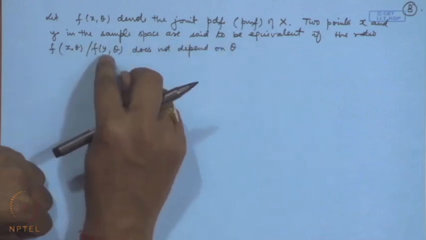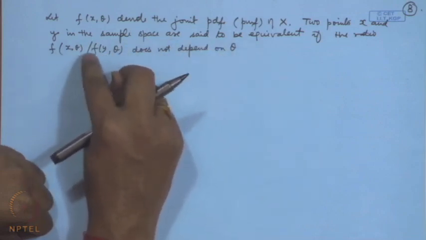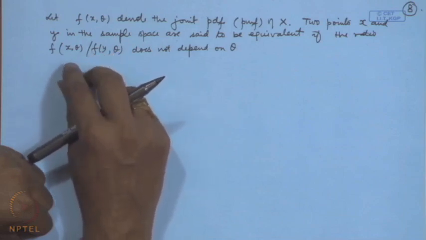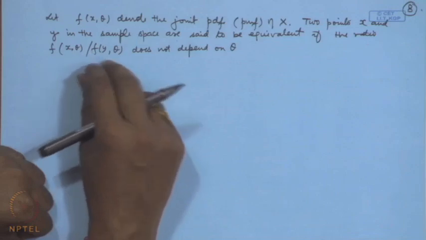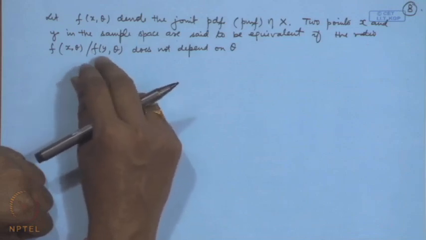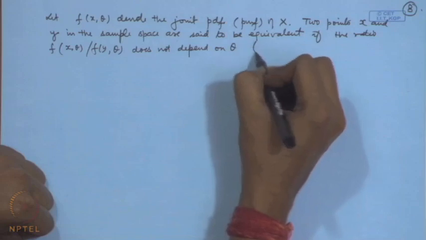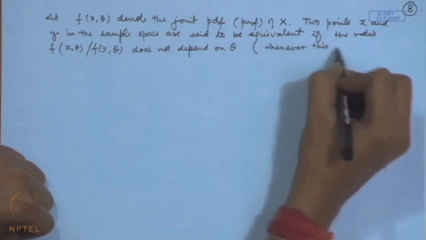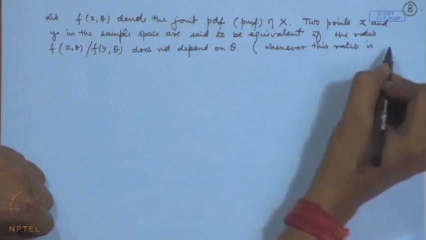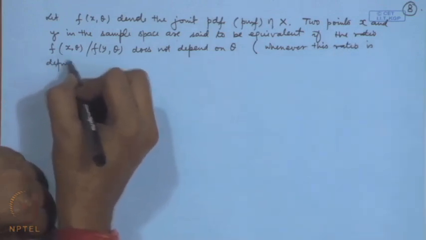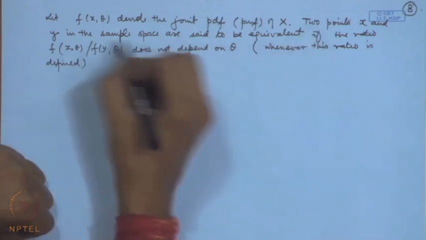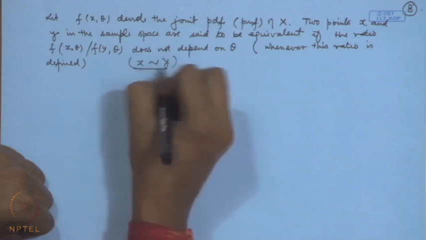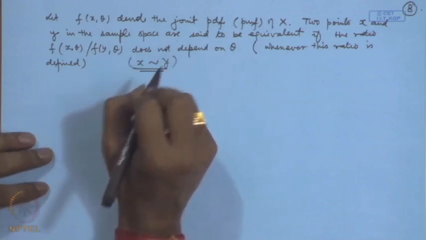Of course, when we write the ratio of the densities at two different points, there is a possibility that either the numerator or the denominator may be 0 or both may be 0. So, in that case we qualify this statement by saying whenever this ratio is defined. So, we say that x and y are equivalent and we use the notation x is equivalent to y.